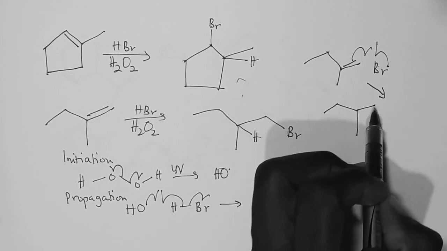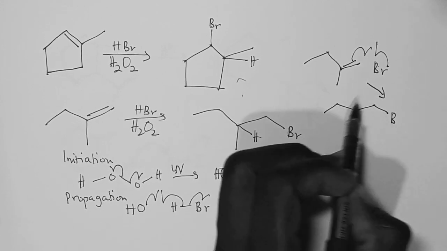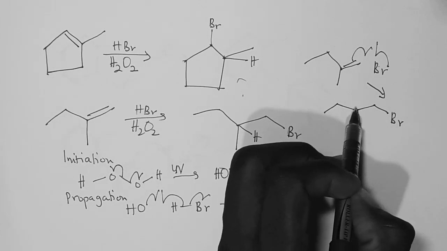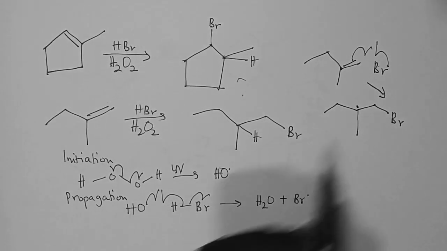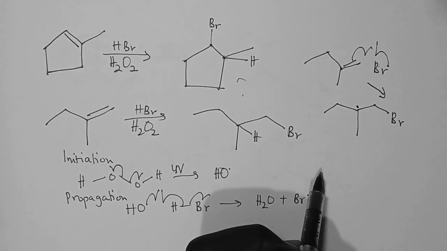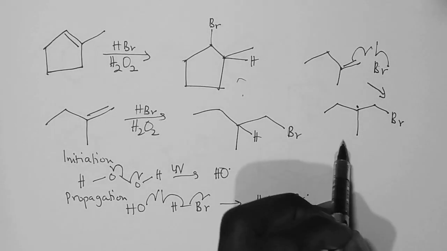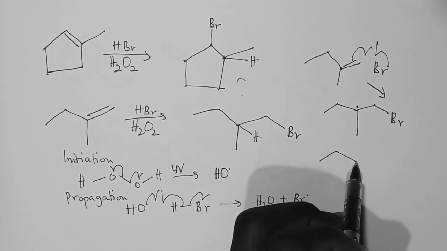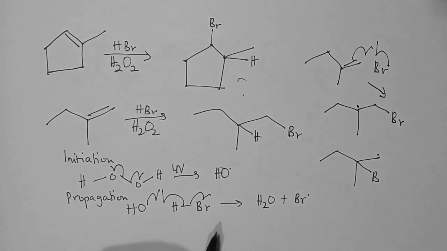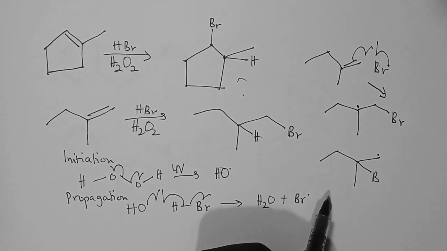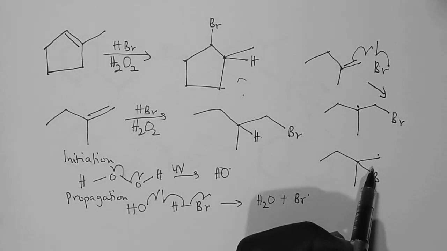We could get this one where Br is here, and then we have this radical on this tertiary carbon, or we could also have one in which Br is here, and then we have this radical on the primary carbon.